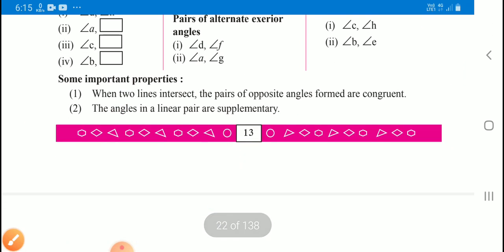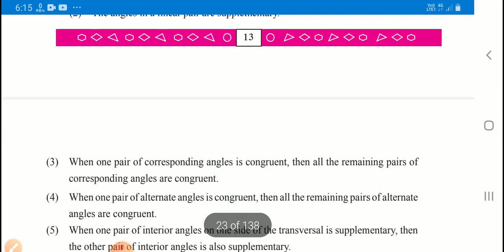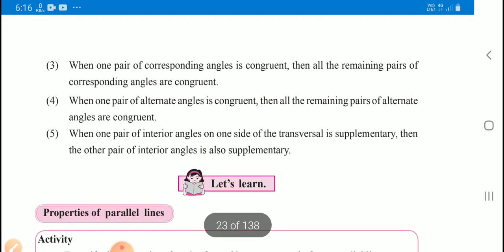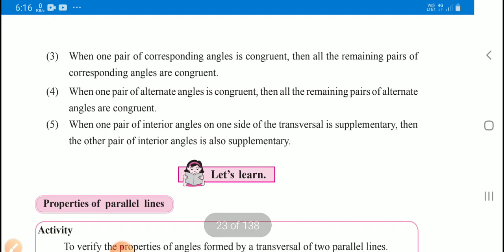The angles in a linear pair are supplementary. Why are they supplementary? Because the measure of the angles in a linear pair is 180 degrees, and the sum of the measures of two angles is 180 degrees, then these angles are supplementary. So the angles in a linear pair are supplementary. The third property is given: when one pair of corresponding angles is congruent, then all the remaining pairs of corresponding angles are congruent, that we had seen now by taking the example.